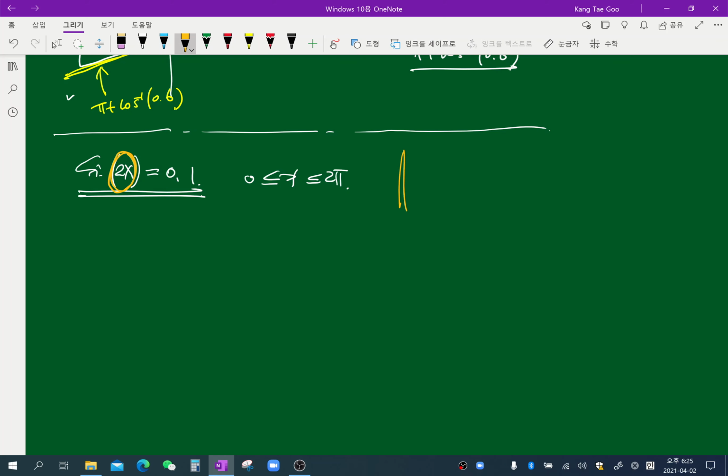So we consider the question like sine u to be 0.1. Then what we have done before, we had the range of u from the question, right? So we need to calculate the 2x range. That's from 0 to 4 pi, which is 2 revolutions.